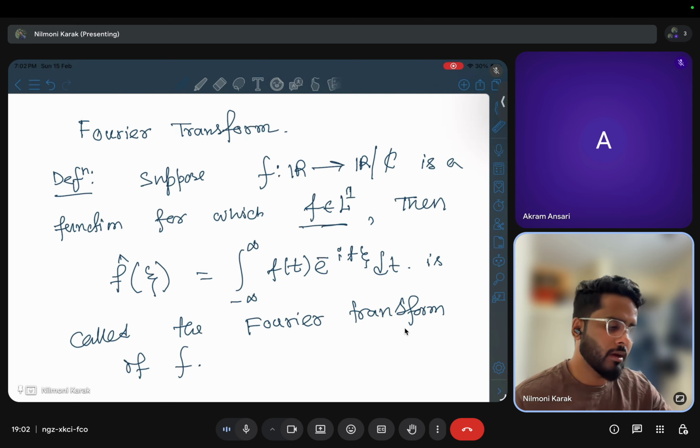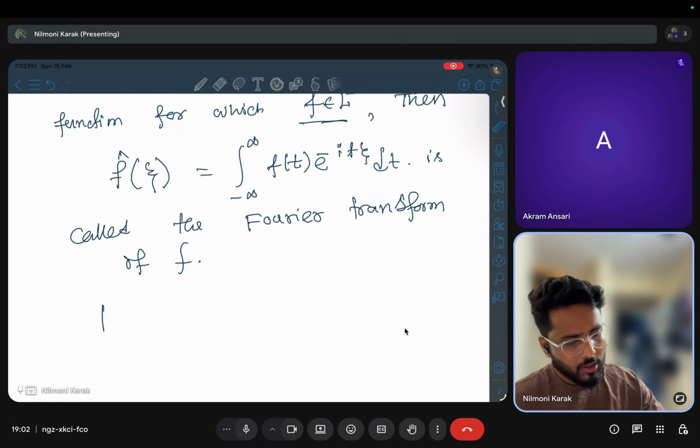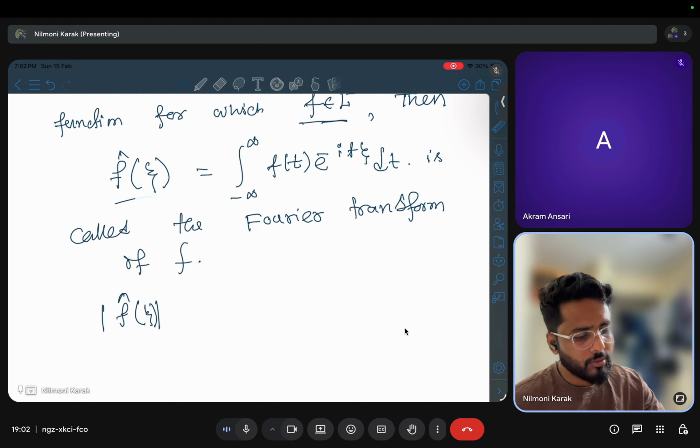So why is this needed? Basically, f should be in L1, integrable, because if you see, this should make sense, right?